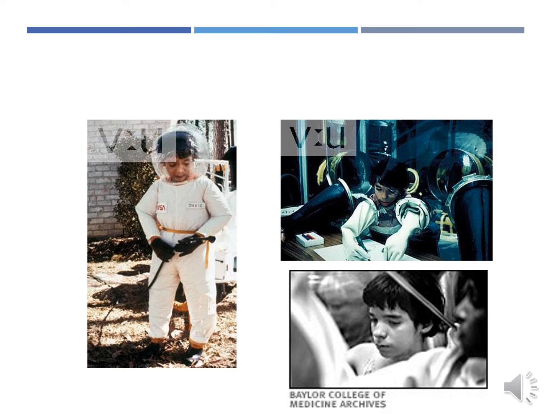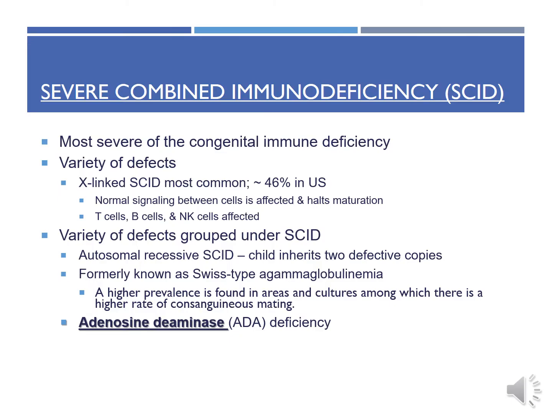So this is just one instance of SCID, this severe combined immunodeficiency syndrome. So what is SCID? Severe combined immunodeficiency. Obviously this is the most serious type of immune deficiency that we know of.